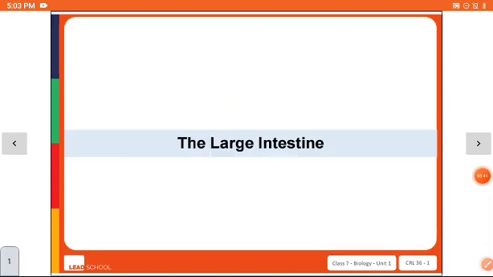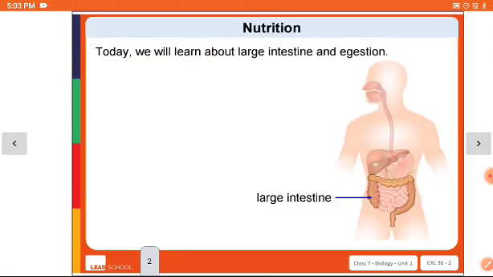So students, today we will discuss the large intestine. In nutrition we will learn about the large intestine and digestion.